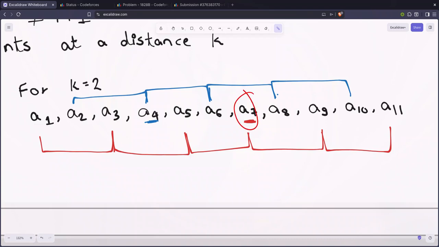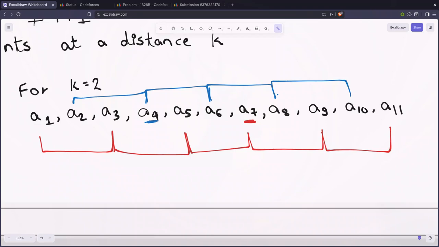It can also go towards the right from the 7th position to the 9th position, from 9th position to 11th position, right? Similarly, let's say we need to see where the a4 element can go. A4 element can go to the 6th position or the 8th position or the 10th position, and if it goes behind, it can go to the 2nd position as well.